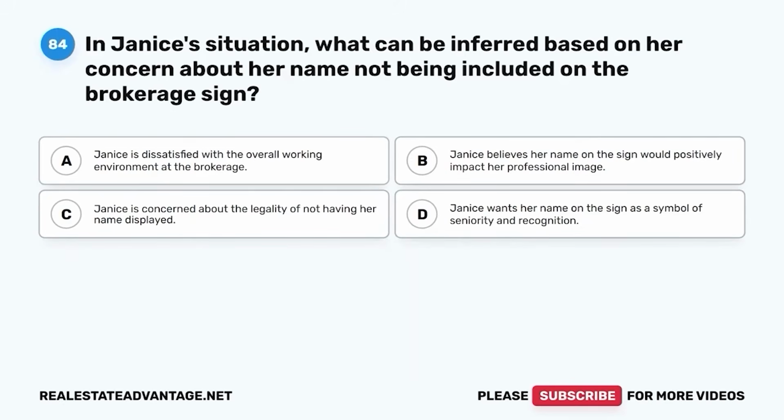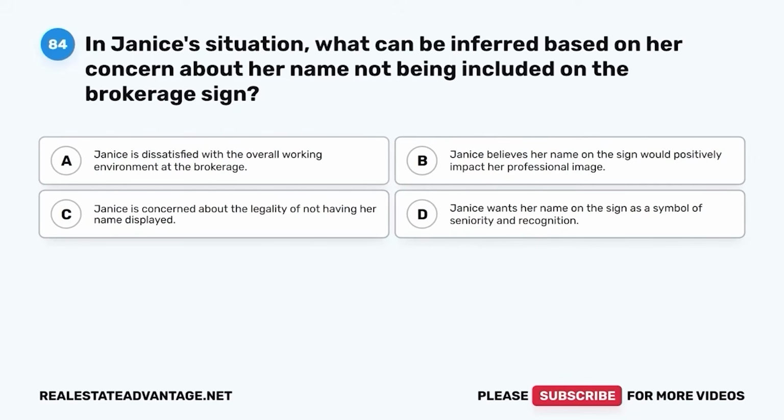Question 84. In Janice's situation, what can be inferred based on her concern about her name not being included on the brokerage sign? A. Janice is dissatisfied with the overall working environment at the brokerage. B. Janice believes her name on the sign would positively impact her professional image. C. Janice is concerned about the legality of not having her name displayed.